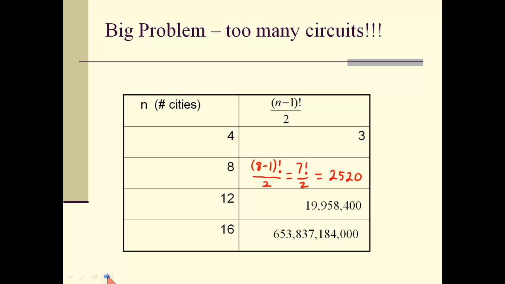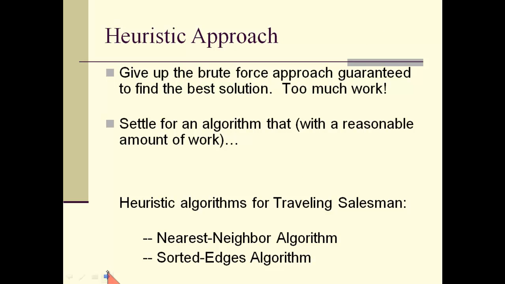I want to get somewhere. I'd like to get there the fastest possible, but I'm not going to sit down with Google Maps and plot out every possible way that I could go. I just hope that I check out a few and hope for a good one, and hope that it's close to optimal even if it's not optimal. So in computer science, you call this using a heuristic approach.